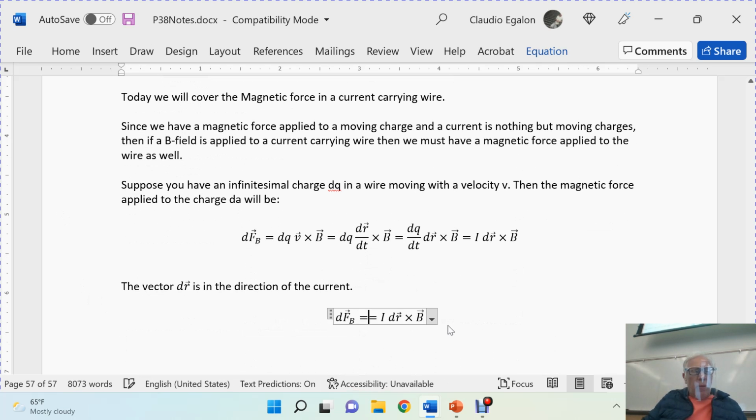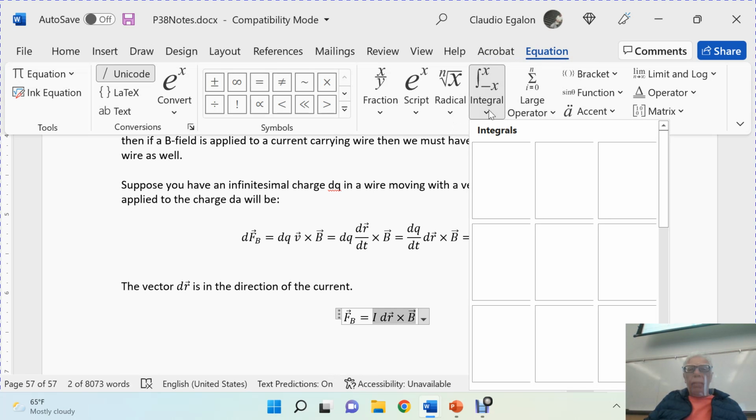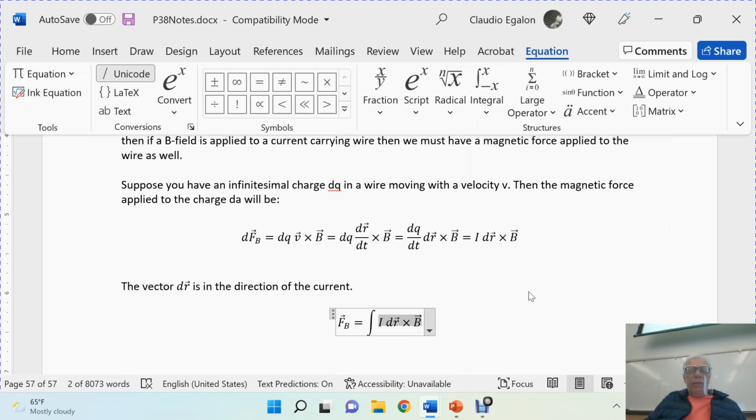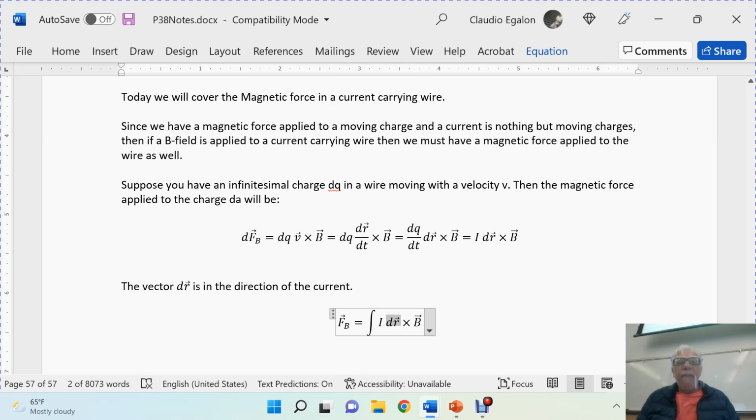That's what we have to do. And if the current doesn't change, if the current is uniform, the current can go outside the integral. And that's the integrating variable, dr. Notice that this is a vector.